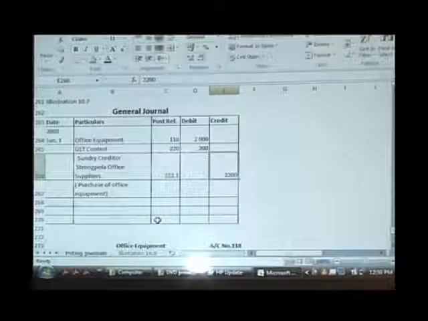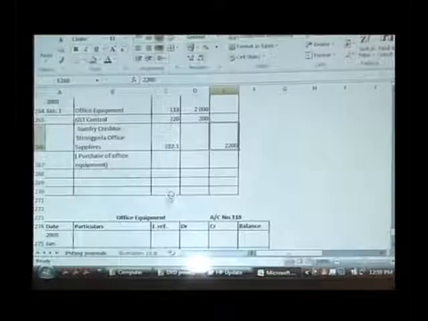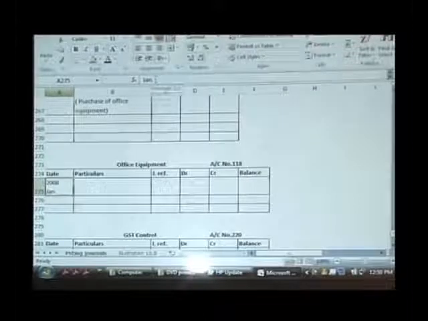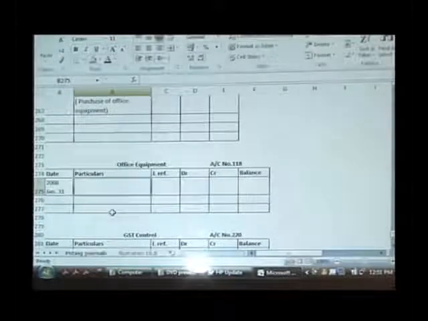Then how to post it? The account numbers are given here, and say this posting is done on 31st January, this is the assumption. Okay.